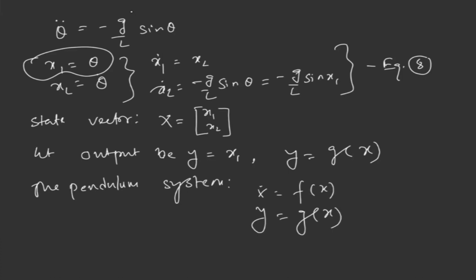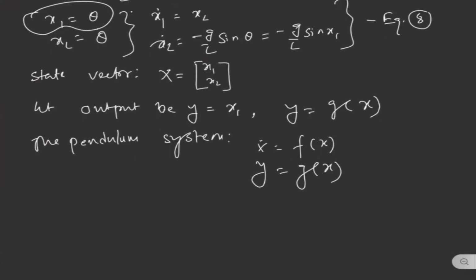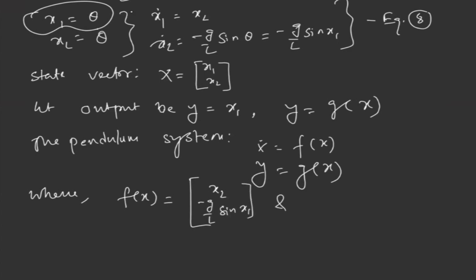So this is what we call the state equation of the nonlinear system. Here we can write f of x equal to x2, minus g upon L sine x1, and g of x we can write x1. So this is how we define the nonlinear system in this nonlinear state equation.